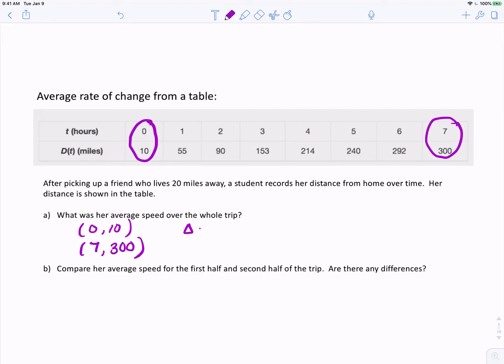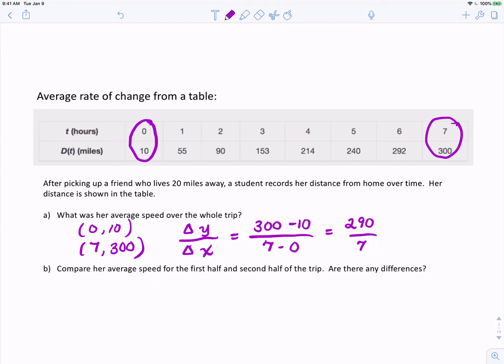And again, average rate of change is just slope, change in y over change in x. So that would be 300 minus 10 divided by 7 minus 0. So this would give us 290 divided by 7. And we can either leave it like that or we can reduce it. So let's find a calculator.